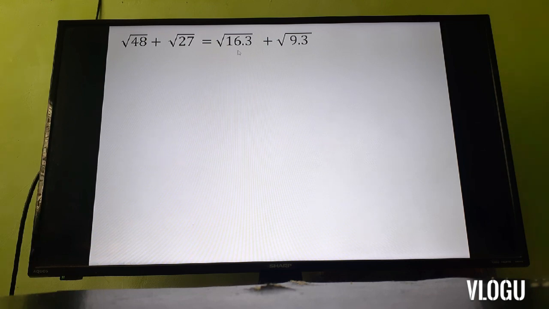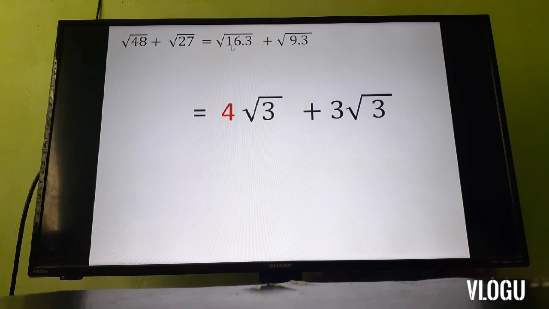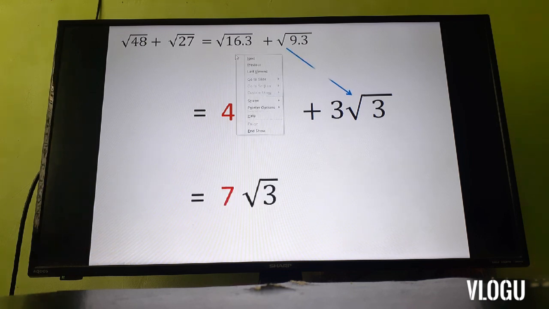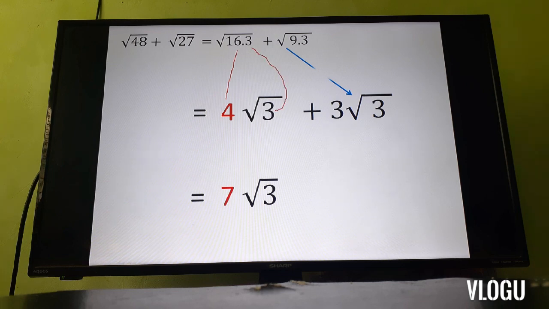Tulad ng nabanggit po natin kanina, ang gagawin po natin, kukuhanin yung square root ng 16. So, what is the square root of 16? That is equals to 4. Kukupihin lamang po natin yung 3. Then, plus the drop sign. Then, the square root of 9 is equals to 3. And copy your 3 sa loob ng radical expressions.